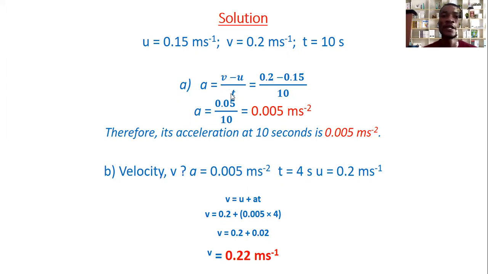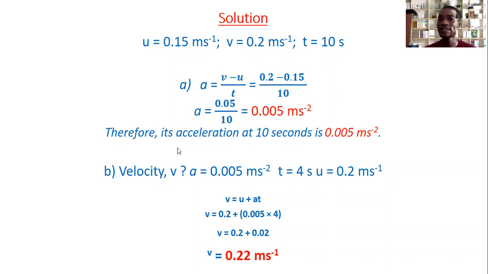Then the next thing to do is to substitute this value into this equation. So we've got our final velocity, which is 0.2, and the initial velocity is 0.15, divided by the time taken, which is 10. So when we compute that, we arrive at 0.05 divided by 10, and then our acceleration is now 0.005 meter per second square.